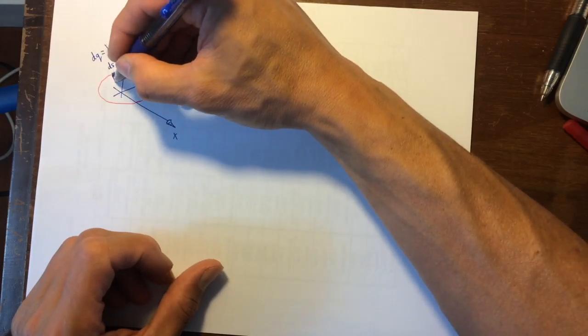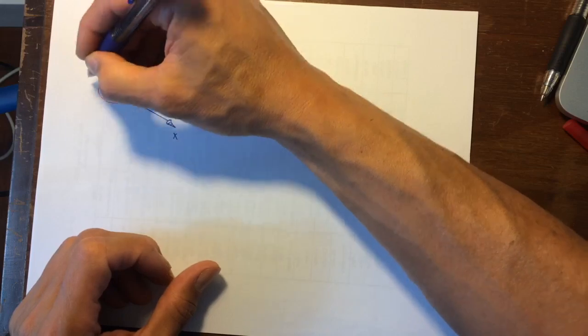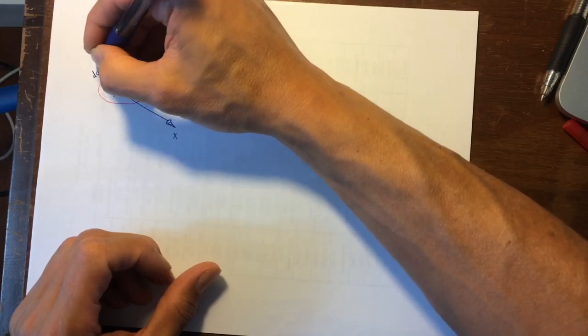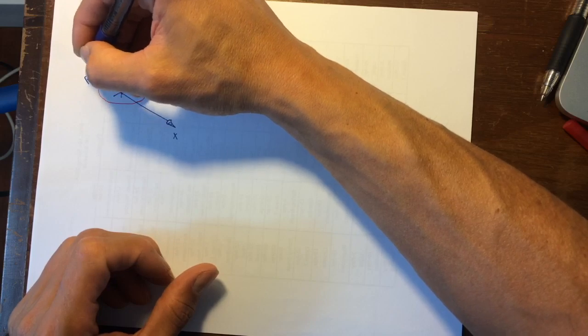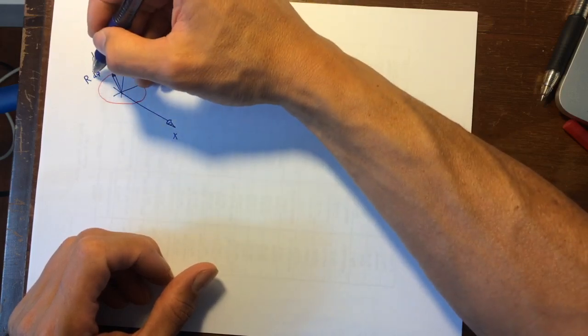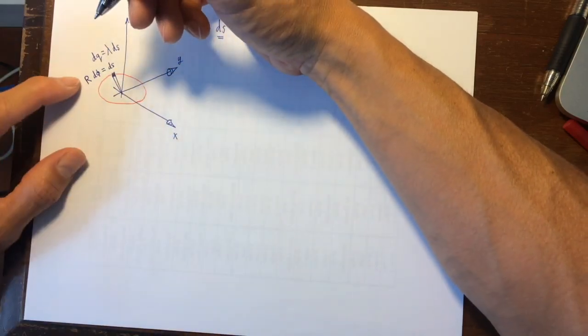That small arc length is spanned by an angle d phi, a small angle phi, but it's at the distance r. So r times a small angle is equal to a small arc length.